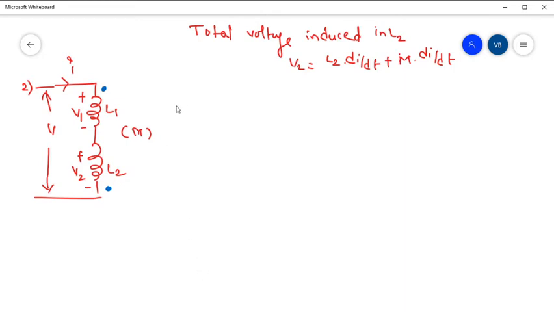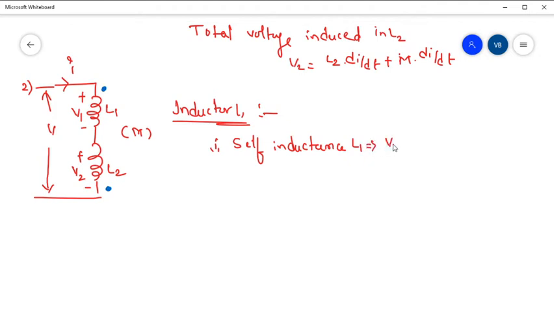In inductor L1, first we have to write the self-inductance by L1. Let us take V11 equals L1 into di by dt.